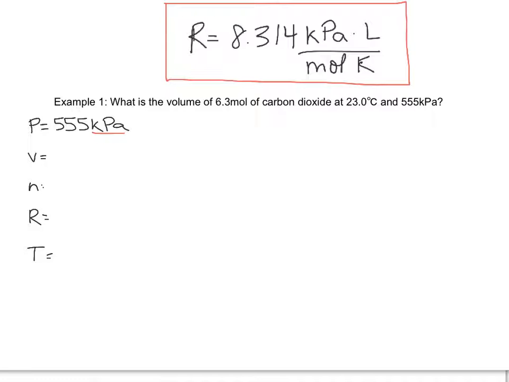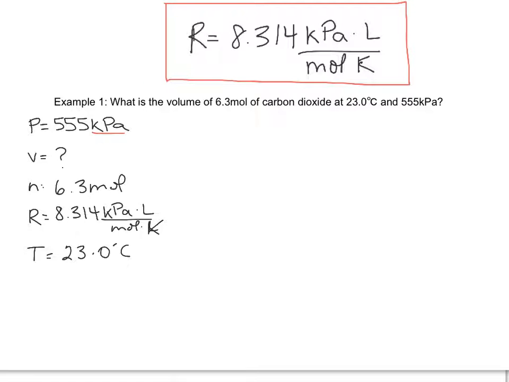So the volume for this one is what we're trying to solve. I have 6.3 moles of my gas. My R is my constant. And my temperature is 23 degrees Celsius.